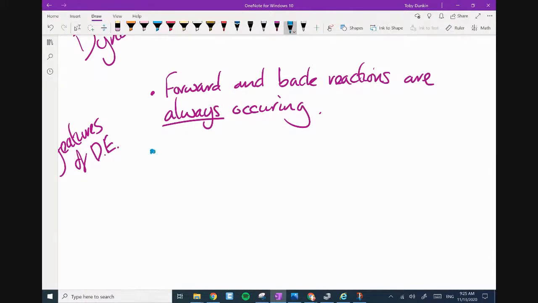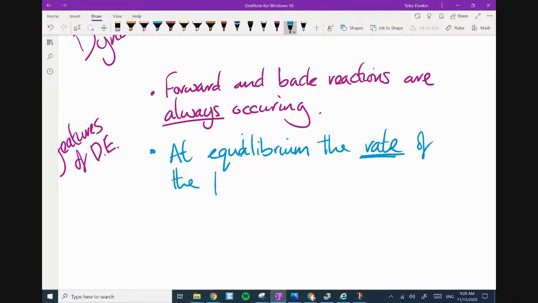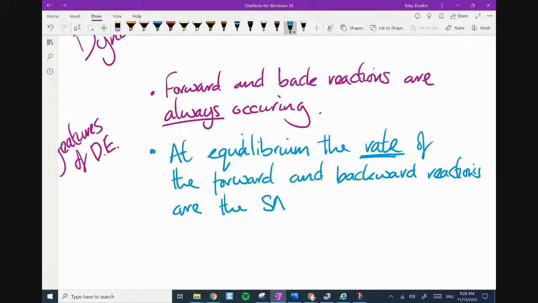Feature number 2, at equilibrium, the rate of the forward and backward reactions are the same. The rate is the same.